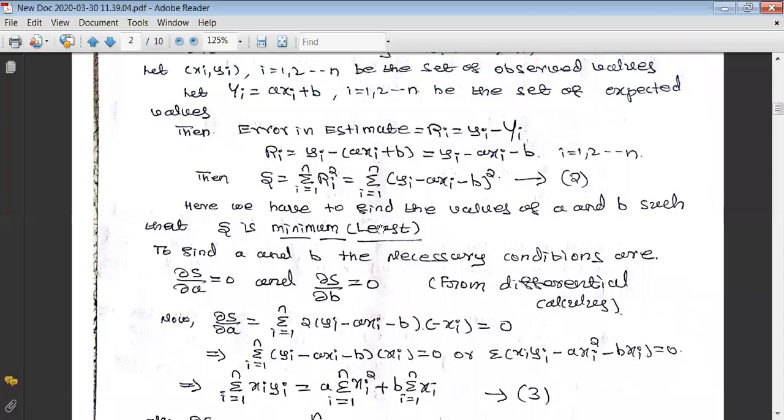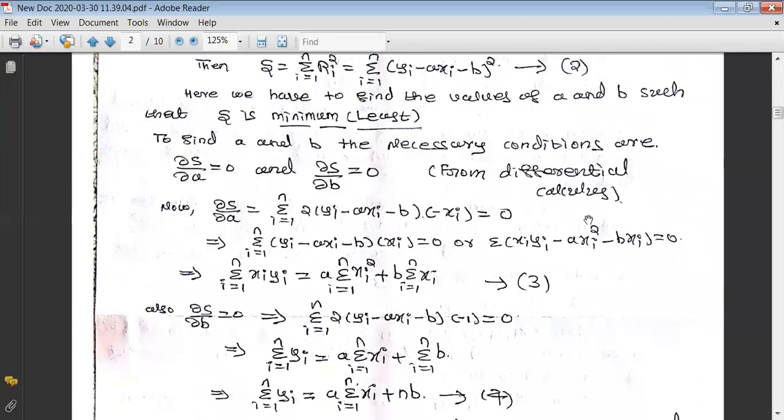Our problem is to find the values of a and b such that the value of S is minimum, that is, least. To find the values of a and b, the necessary conditions are given by dou S by dou a equal to 0 and dou S by dou b equal to 0, and these conditions follow from differential calculus.